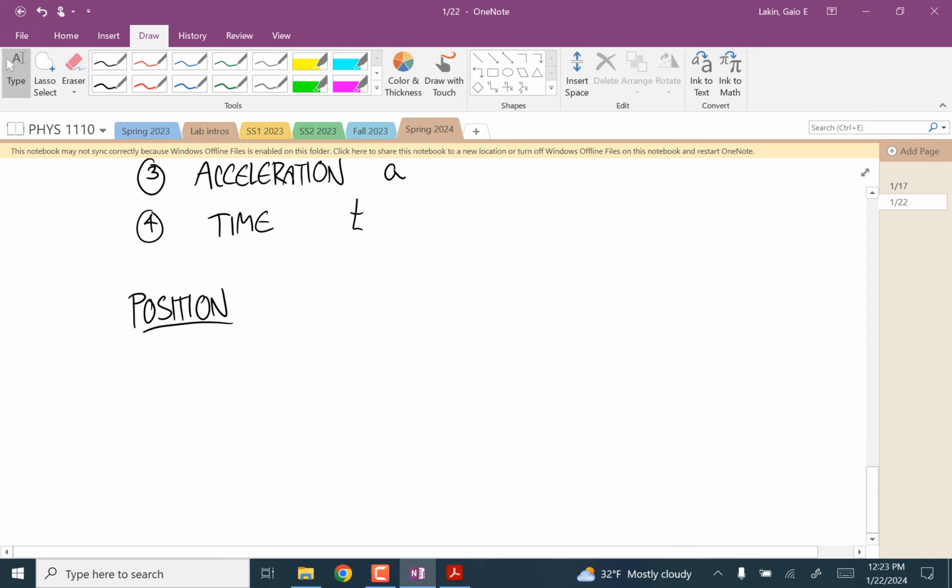So for position, let's say that we have an object that's in one-dimensional motion, so it's moving along this line. Let's say it's an old-timey train, because I don't know how to draw the new trains yet. Okay, so this thing is moving along a line.